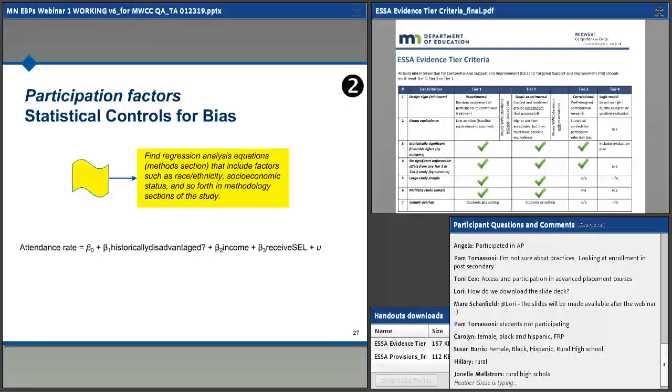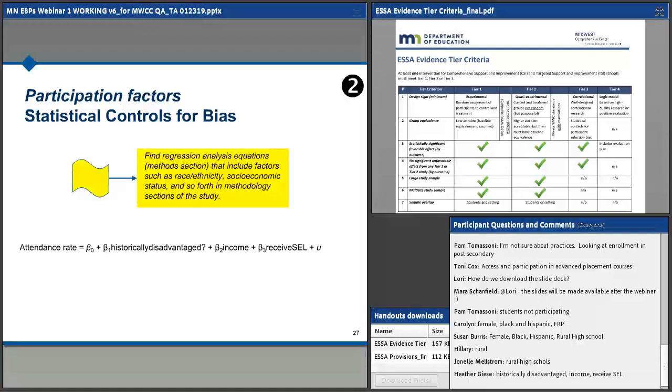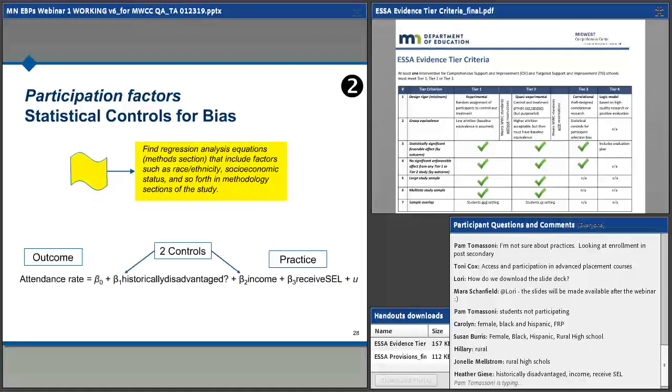All right, I'm seeing typing quicker this time. I think you guys are starting to pick up on the rhythm of this. Exactly. So historically disadvantaged and income in this case are definitely controls. What about received SEL though? Maybe that's not quite as obvious, right? Because we do need to still have practices and outcomes in this equation.